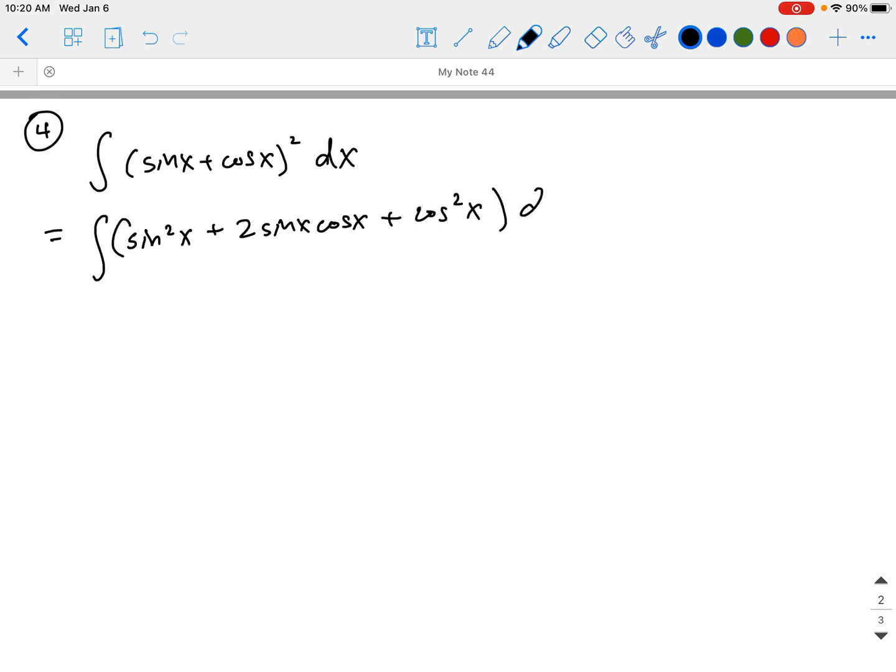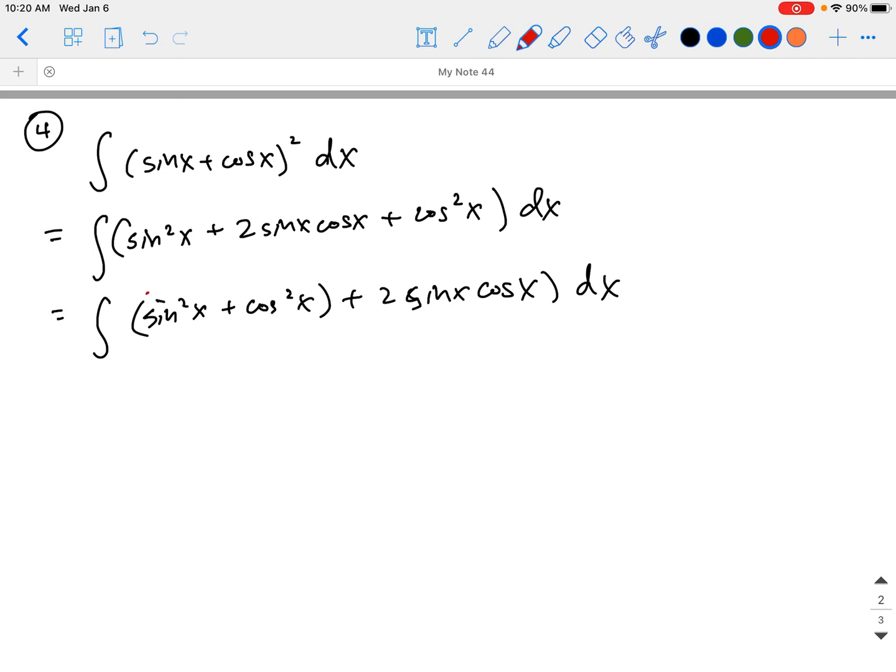All right, so then we can rewrite this as sine squared x plus cosine squared x plus 2 sine x cosine x. So just rearranging terms here, and obviously I'm doing that because sine squared plus cosine squared is equal to 1, so that's just 1.